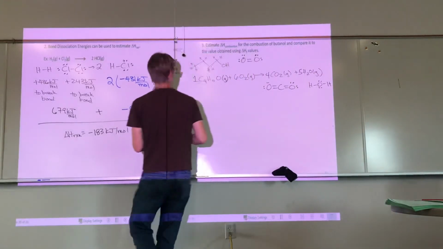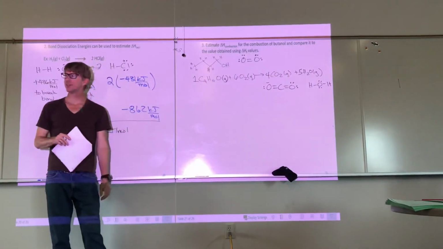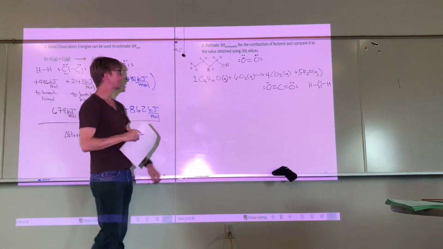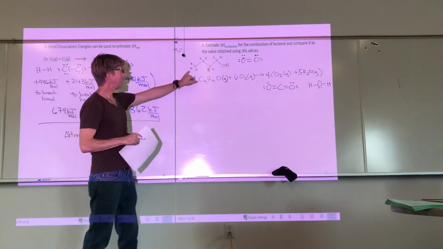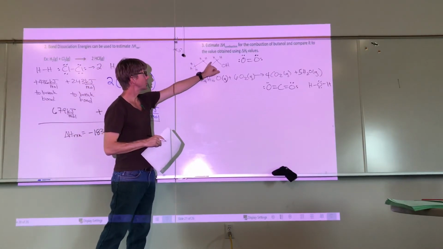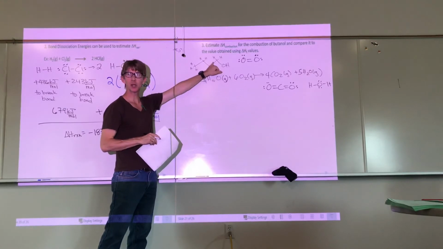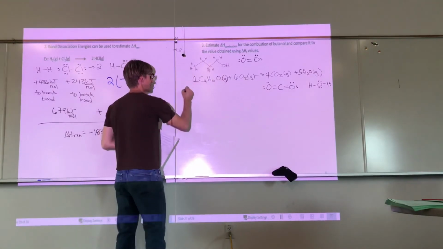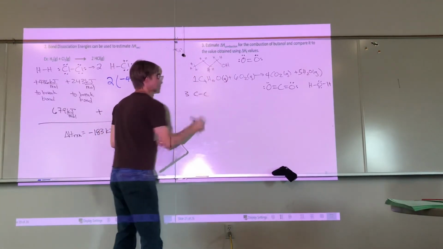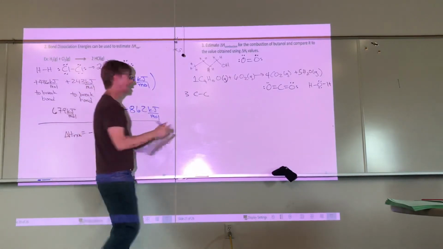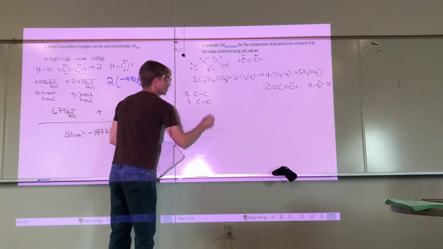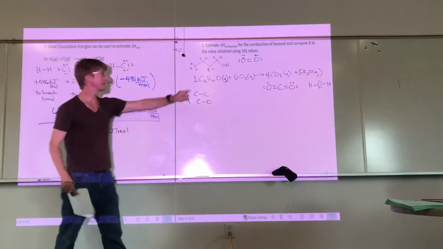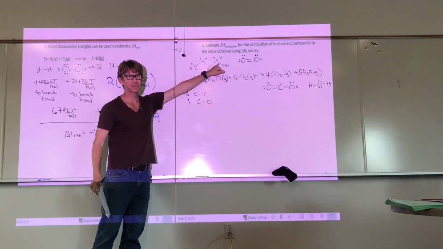All right. Believe it or not, here's how this process goes. I have 1, 2, 3 carbon-carbon single bonds. I have 1 carbon-oxygen single bond. That's that bond right there.